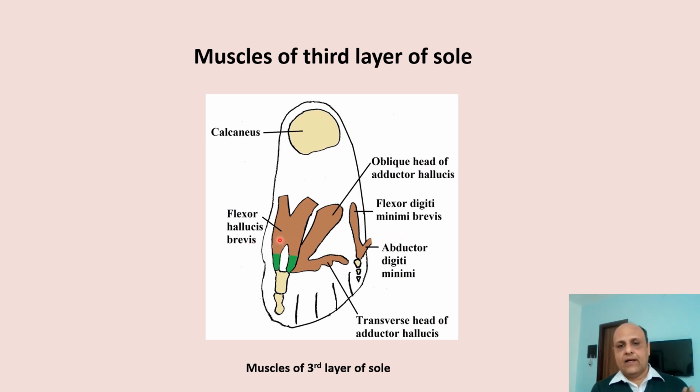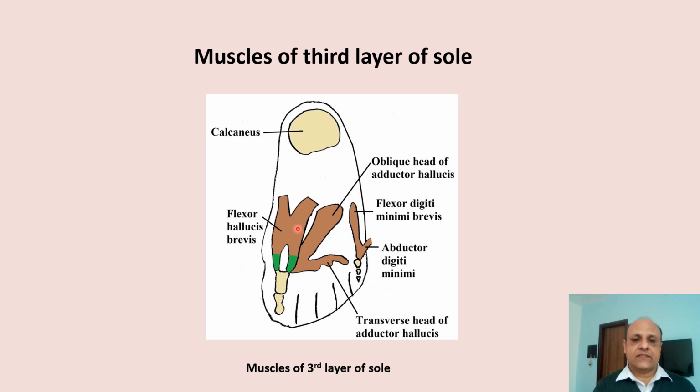So we number these muscles as flexor hallucis brevis 1, adductor hallucis 2 and flexor digiti minimi brevis 3. So it's the layer of small flexors of the thumb and little finger, flexor hallucis brevis and flexor digiti minimi brevis, and the other muscle is adductor hallucis.